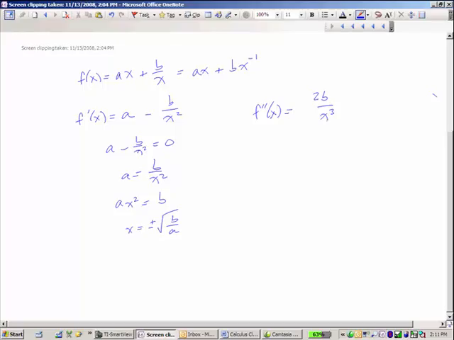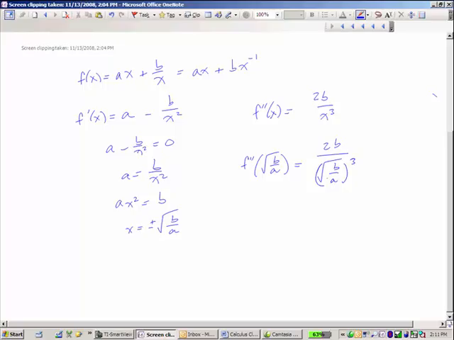Alright, so let's see. You said, why don't you do the second derivative and then plug these points into the second derivative? So what happens if we take the positive root b over a and plug it in? What are we plugging it in for? For x. So that's going to be 2b over root b over a cubed. Alright, well, b and a are positive, so b divided by a is positive.